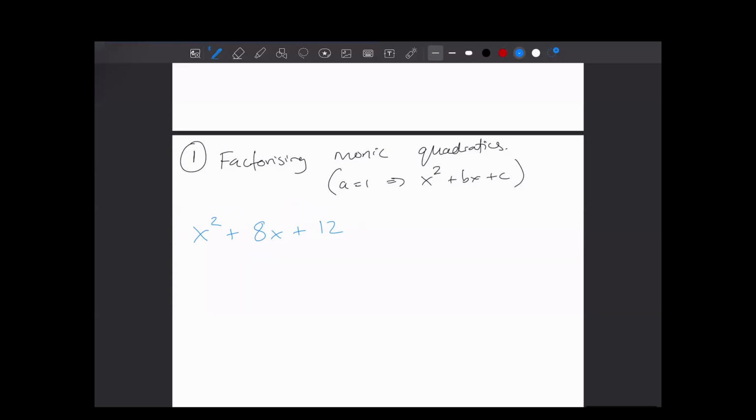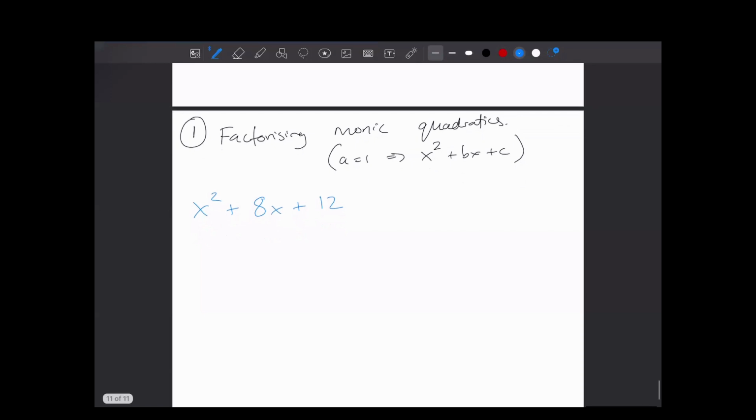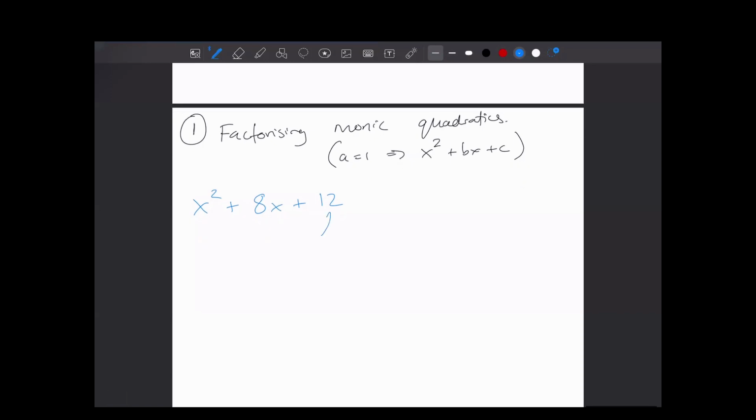And if you're comfortable, do you want to talk me through how you would do it? So I'll find two numbers that when they times together they equal 12, and when they add they equal 8. Okay, very nice. So we're looking for two numbers that multiply to give this and add to give this. What are those numbers? 6 and 2. Nice. So you've spotted that 6 and 2 satisfy that. And what would you do with that?